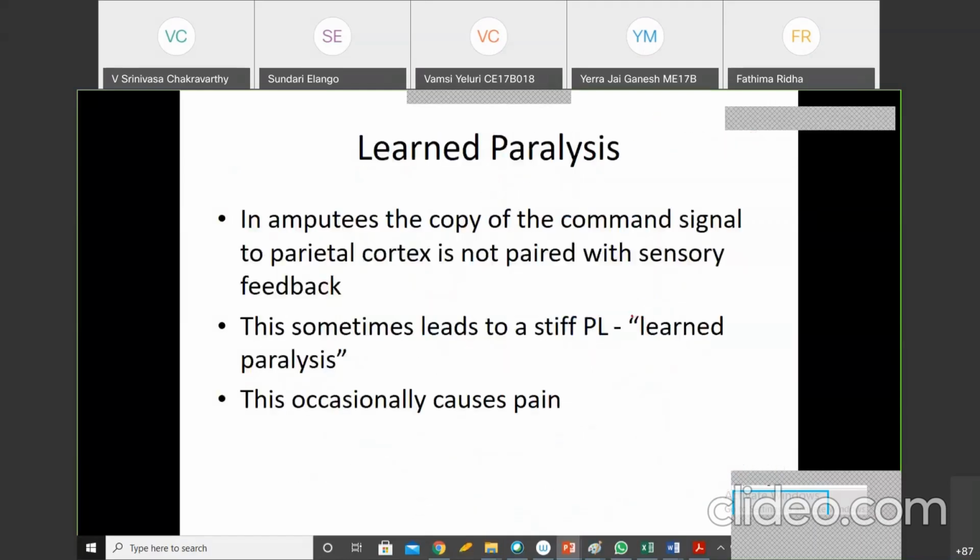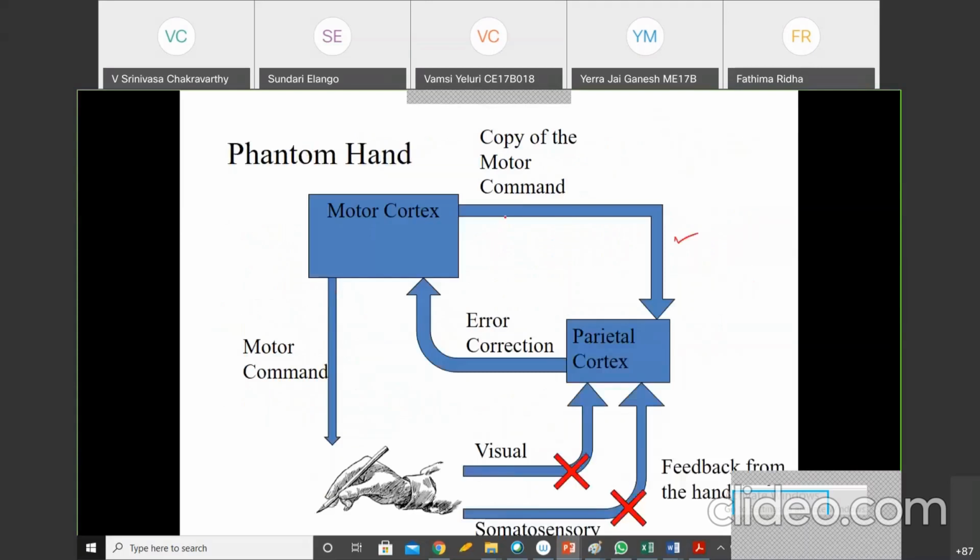One consequence of this kind of loop, which is not compensated because there's no arm at all, is what is called learned paralysis. In amputees, the copy of the command signal to the parietal cortex is not matched with the sensory feedback, because the copy of the motor command comes to the parietal cortex, but it is not matched by the visual and somatosensory feedback coming from the arm.